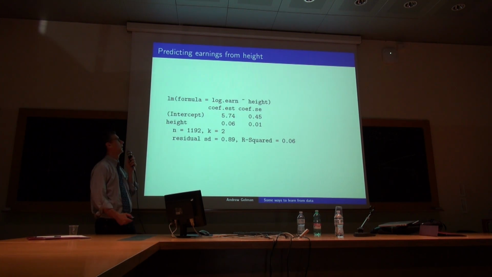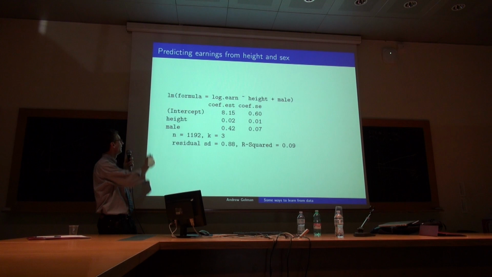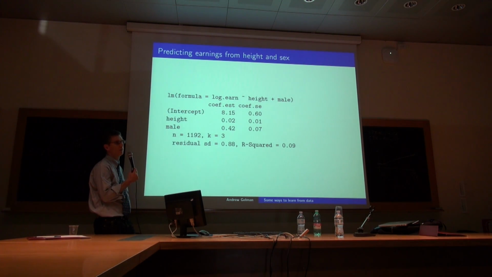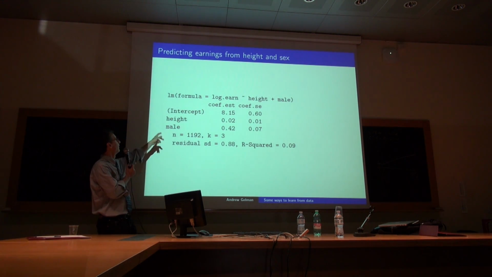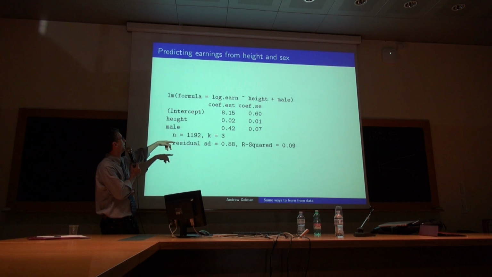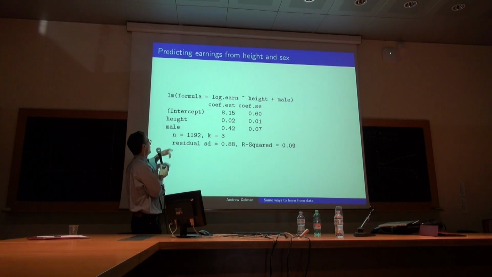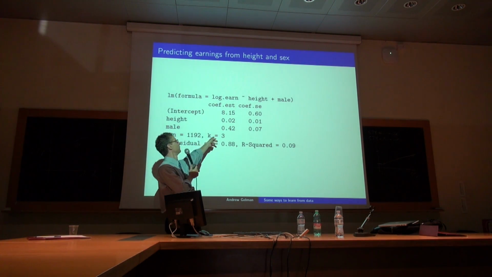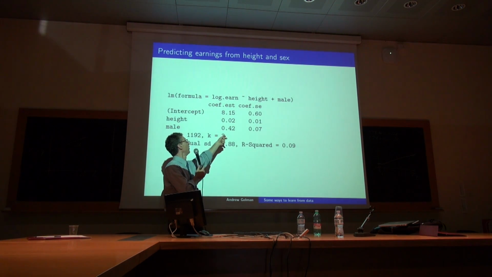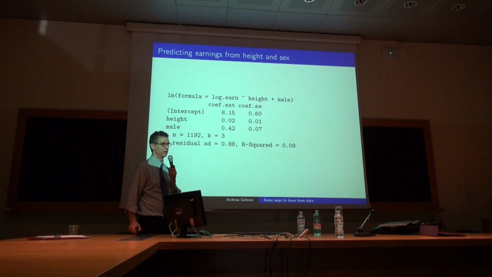Well, okay, so I threw sex in here because, of course, taller people make more money, but men make more money than women. So now here's the regression. Looking at this, this is on the log scale.